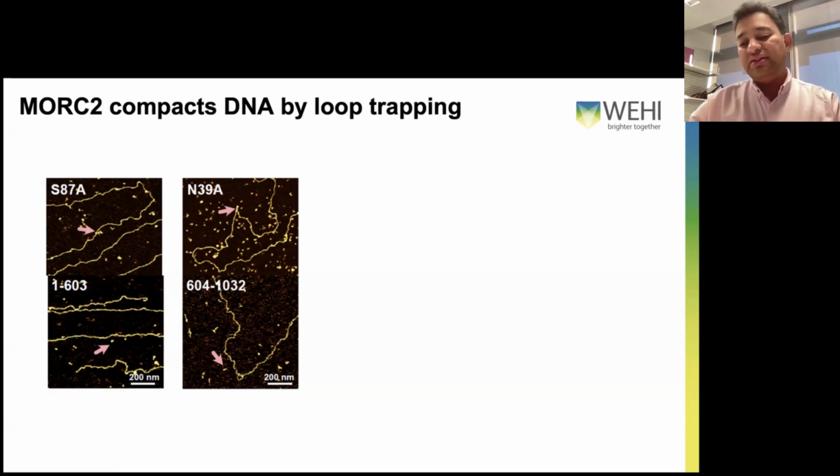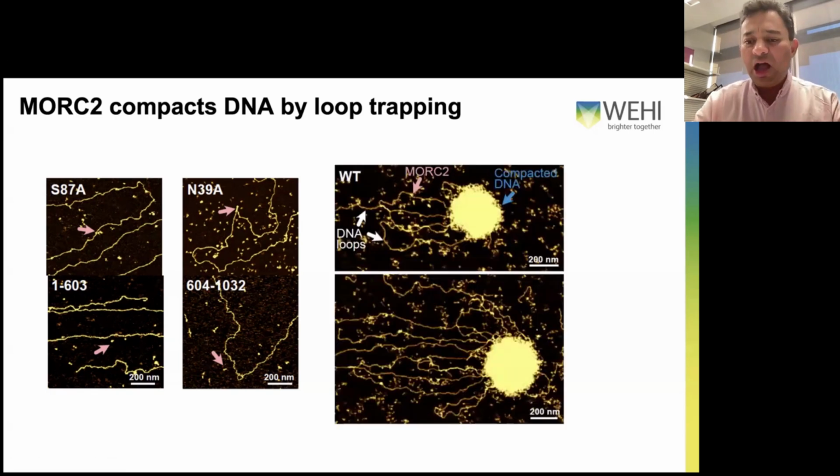In these images, we don't see any compaction. However, if we give it the wild type MORC2, we can see that the DNA has indeed compacted, and we can see loops on the peripheries of this compacted DNA. So that tells you that most likely the way MORC2 compacts DNA is indeed by loop trapping. And this is not just one experiment. We have done other single molecule experiments to confirm this mechanism.